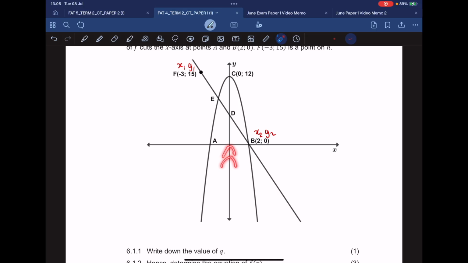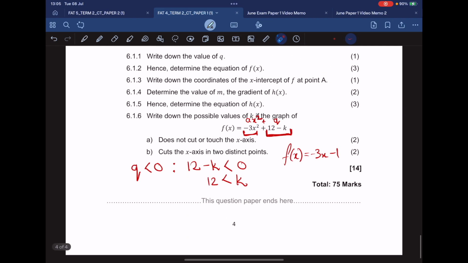If my Q value is 0, it touches the x-axis once, but we don't want that. We want it to cut in two distinct points. So that means my Q value, this turning point here, must be above the x-axis. In other words, it must be positive.